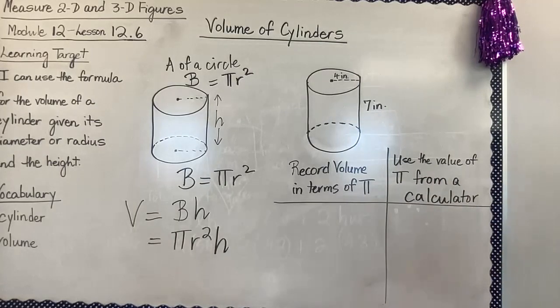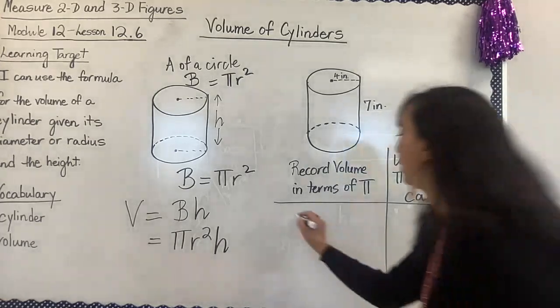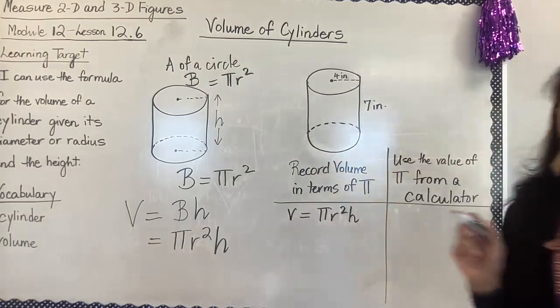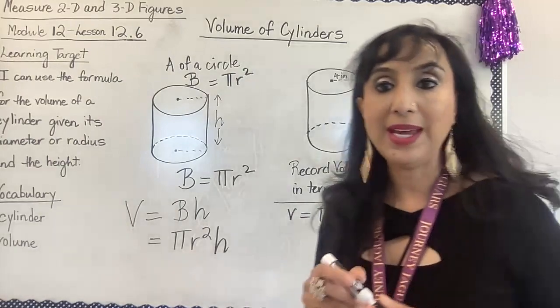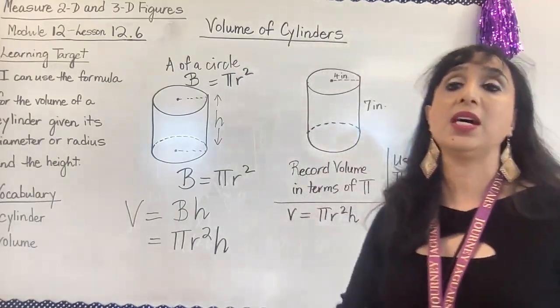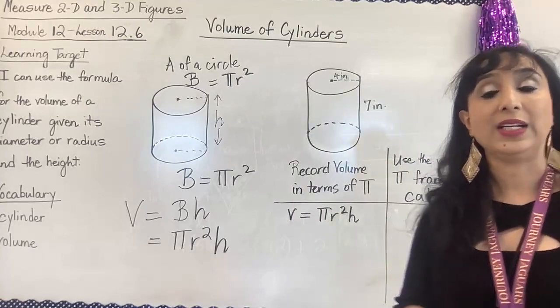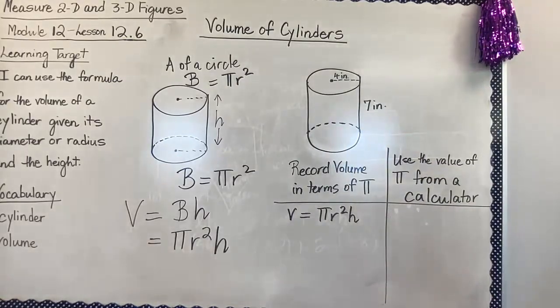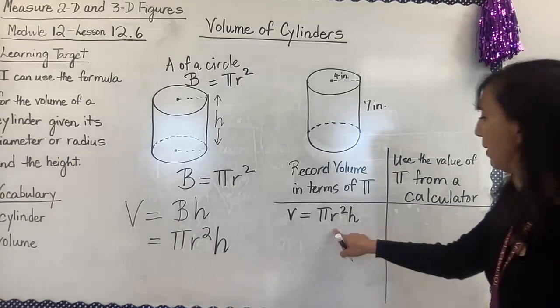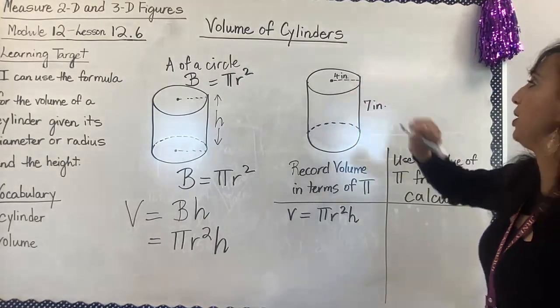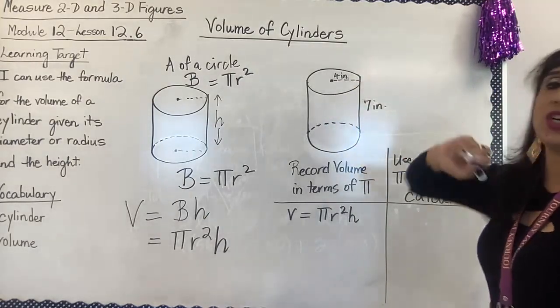Let's look at how we find the volume of this cylinder. I know that volume of a cylinder is pi r squared h, because we have the area of the base, which is a circle, times the height. What is my radius? Radius is from the center to any point on the surface of the circle.